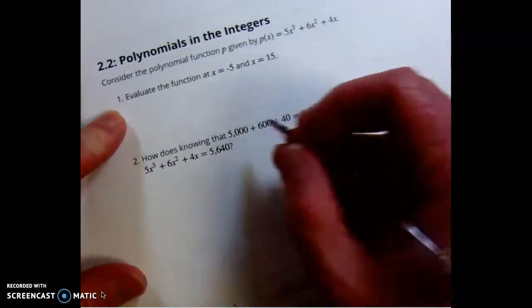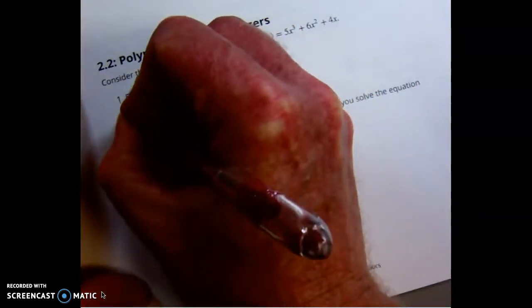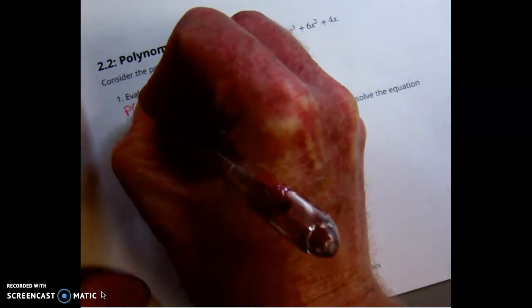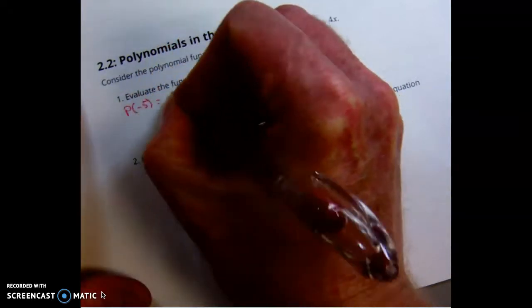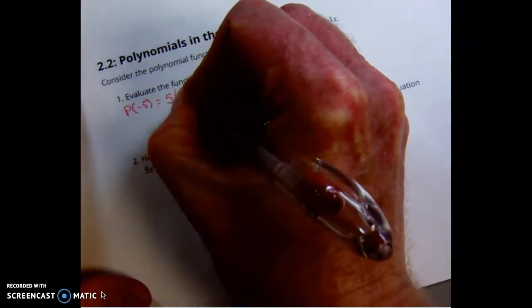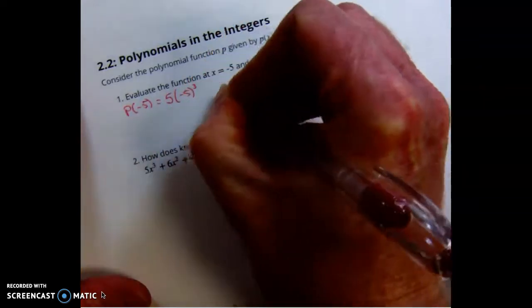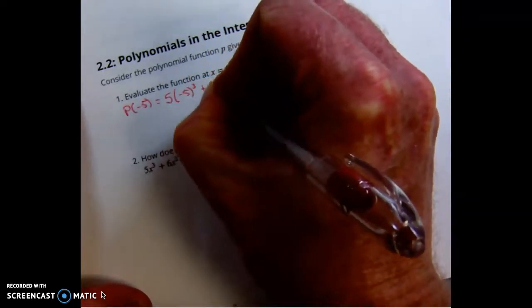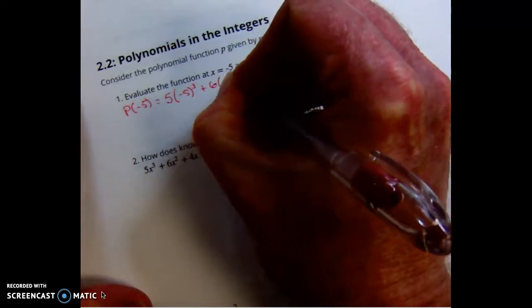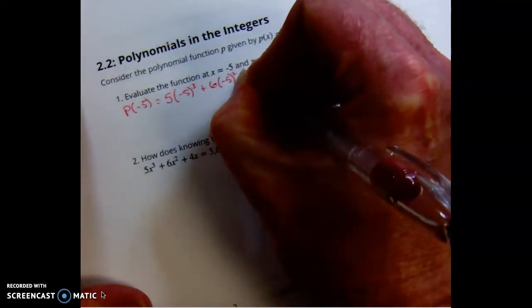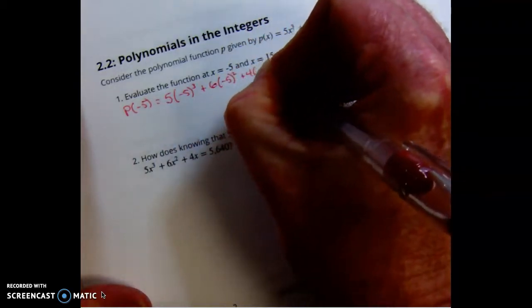So I'm just going to plug that in. So p of -5 is 5 times -5 to the third power plus 6 times -5 to the second power plus 4 times -5.